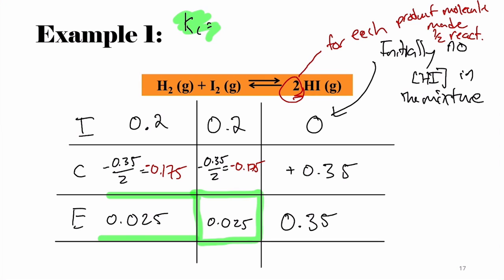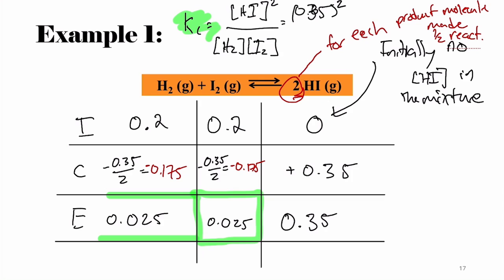And so if you wanted to solve for the equilibrium constant now, what would that be equal to? Yep, our HI equilibrium concentration squared divided by H2 concentration times I2 concentration, which equals 0.35 squared divided by 0.025 squared.